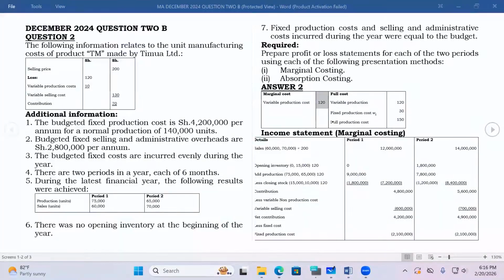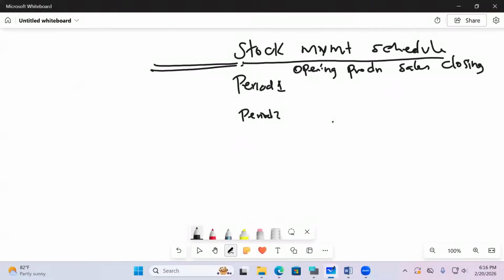So we have in this case here production. Period 1, you told me we produced 75,000 units. How about production in period 2? 65,000. Are you able to see the units we sold in the respective periods?